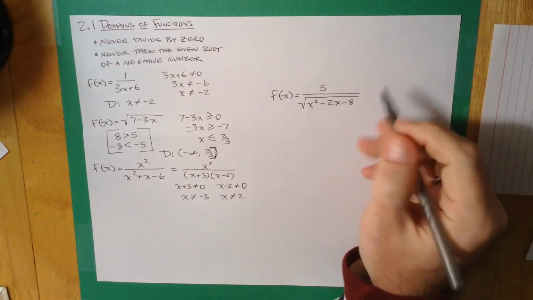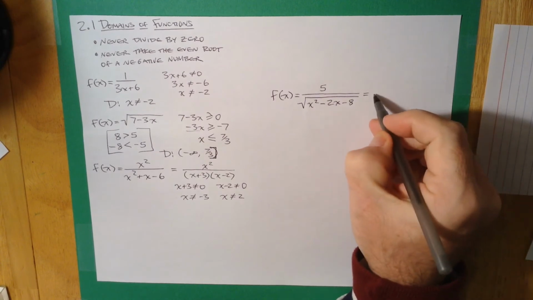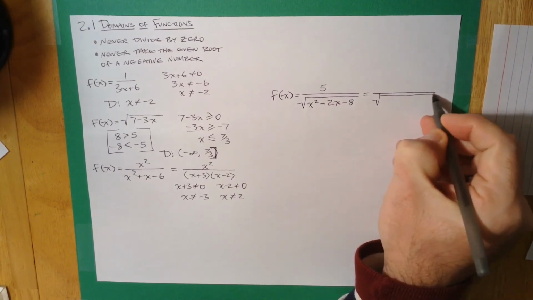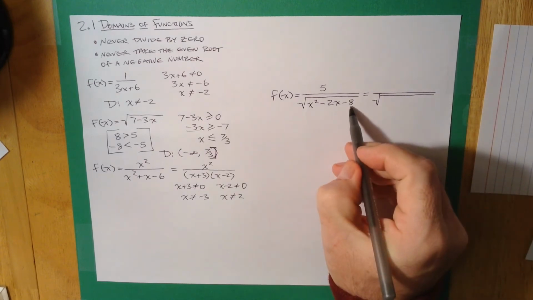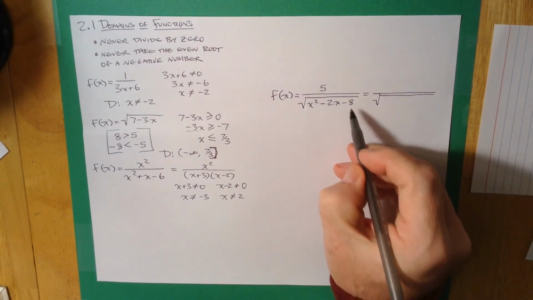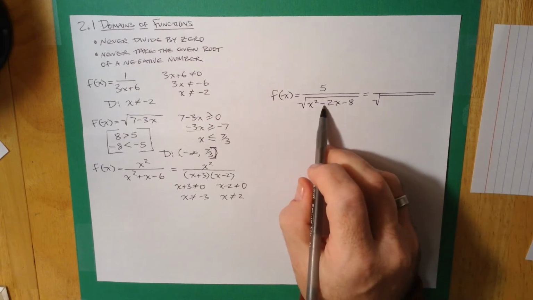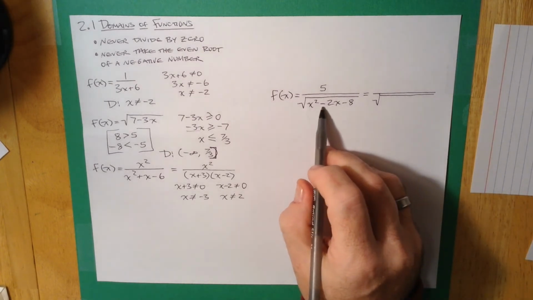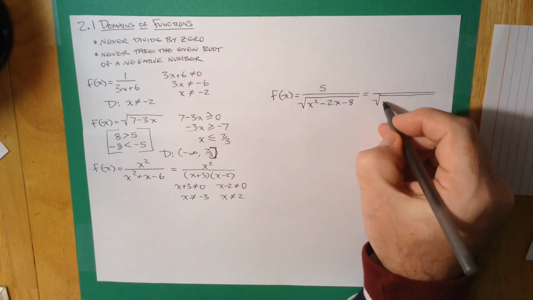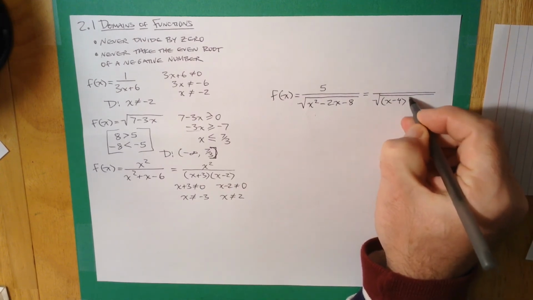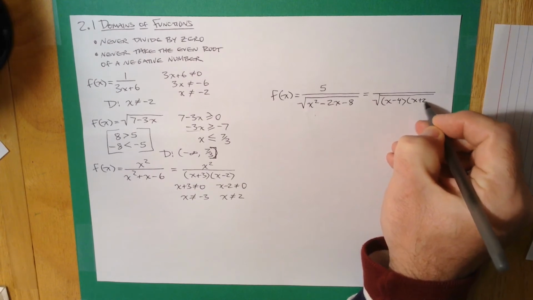So let's first of all see what we get when we factor the polynomial that's under the radical. Looking for the factors of 8, one of them is going to be positive, the other one's going to be negative, that have a difference of 2. That's going to be 4 and 2. So that's going to be x minus 4 and x plus 2.